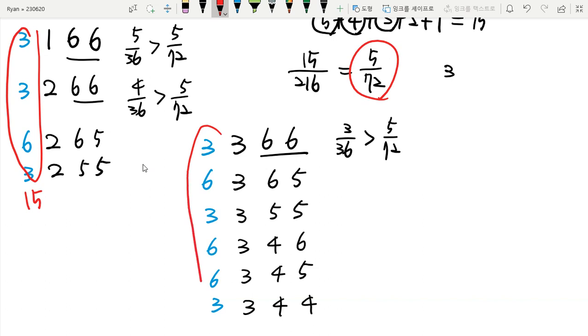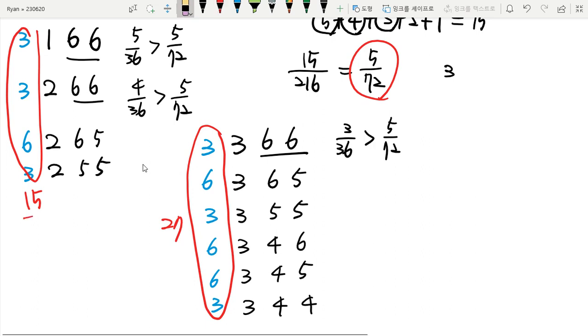The sum of these other numbers is 27. So the final sum is 15 plus 27, which is 42, and then the total number of cases is 216, the 6 cubed. Can you simplify this fraction?